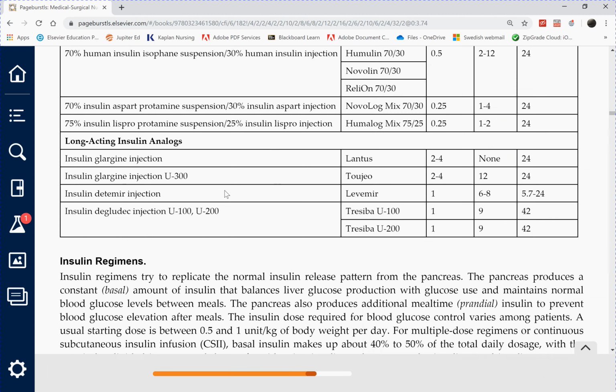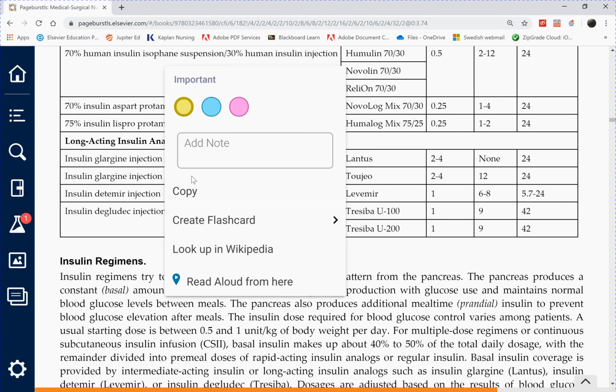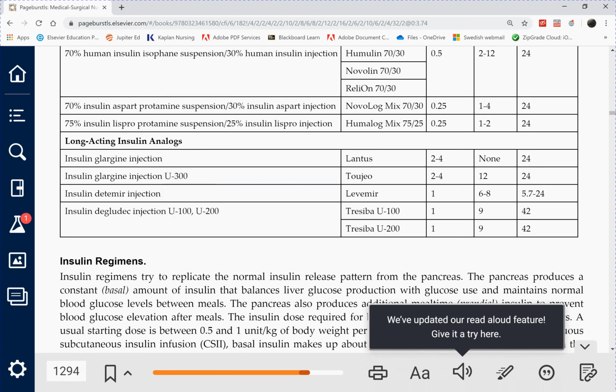Please take note that this one's another glargine, but this one is more concentrated. This one is U300. Lantus is the traditional 100 units per milliliter concentration. Toujeo is different.